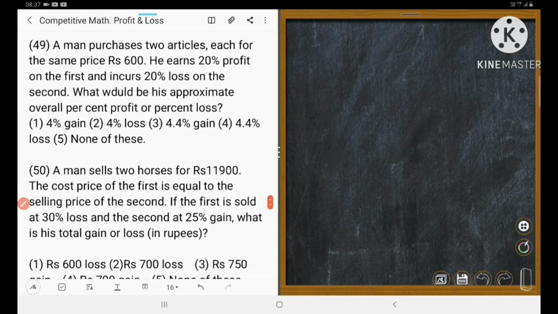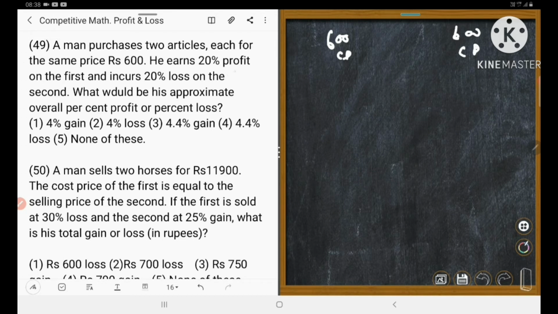Next one is 49. A man purchases 2 articles each for the same price, rupees 600. This is CP and also this is CP.